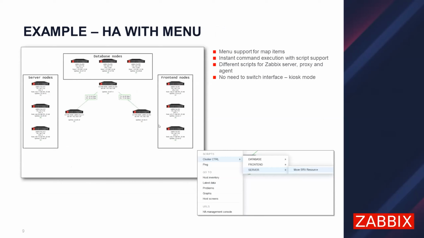Here is also shown a real example of high availability with a map. For instance, we have several database nodes, we have several server nodes and front-end nodes. If something happens, we would like to have the possibility to reboot them just from the map without the need to go deeper in Zabbix and try to find the corresponding host, or even open a CLI for that. So we just define global scripts, and we can specify some parameters for these global scripts.